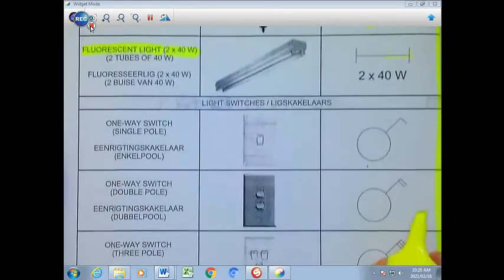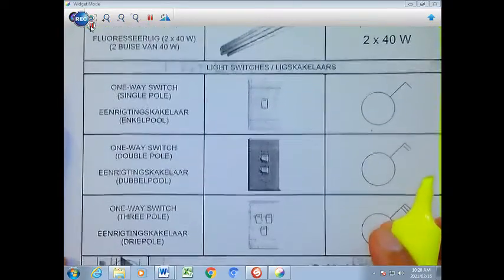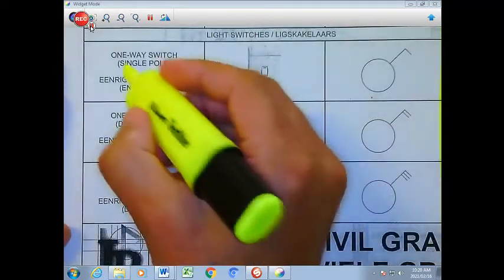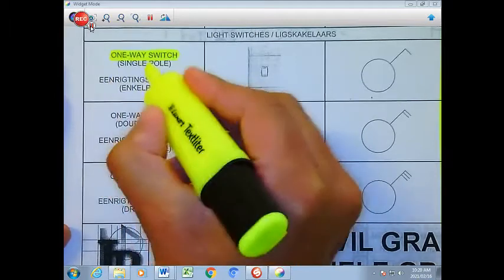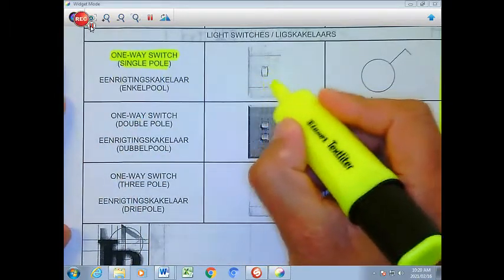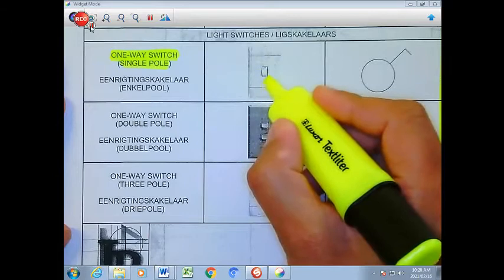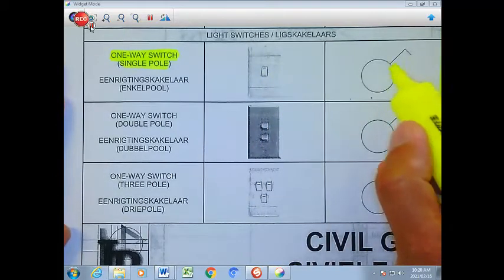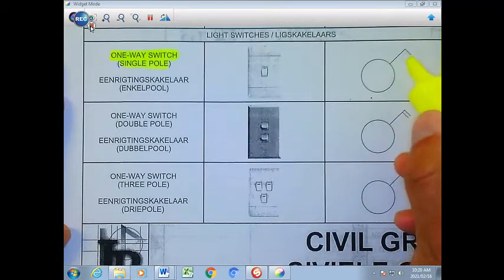Let's look at the switches that you will find in your house. So you will have a one-way switch, single pole. Everybody's familiar with that type of switch, and the symbol is a circle and a line off to your right, and the little line refers to the one or single pole switch.